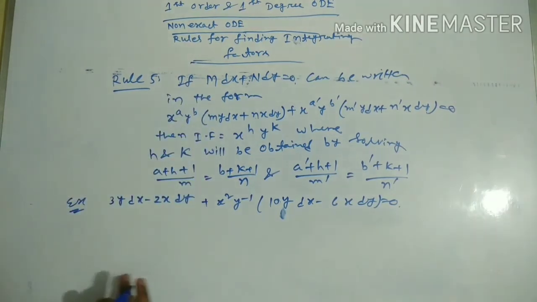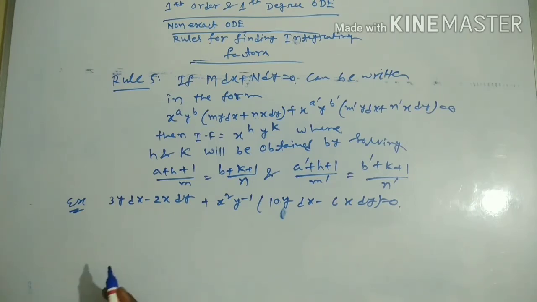I am telling again that it is not mandatory that the equations for which you have to apply rule 5 will be given directly in this form. This is not mandatory. The equation can be in this form, or you will have to reduce the equation to this form for applying rule 5. You do not know before solving which rule has to be applied for solving this equation.